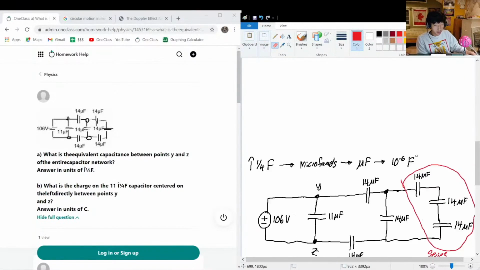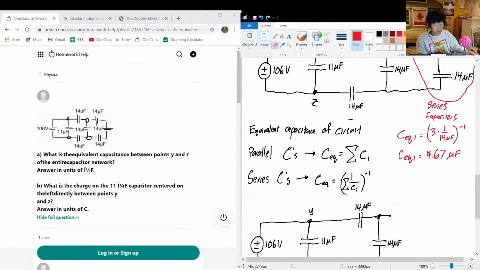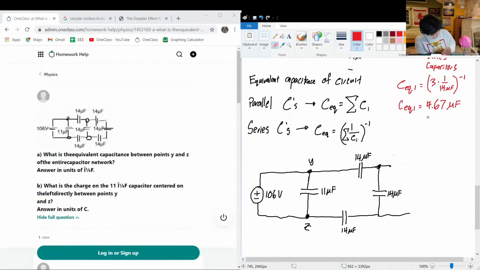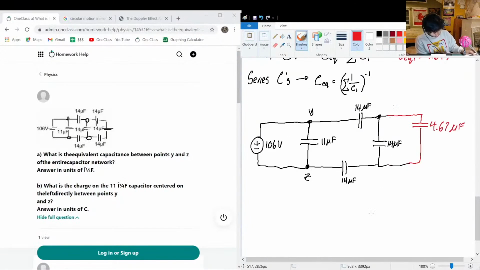We replace this entire triple series of capacitors with a single capacitor like this, 4.67 microfarads.